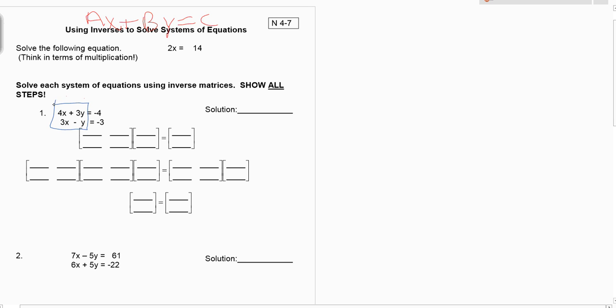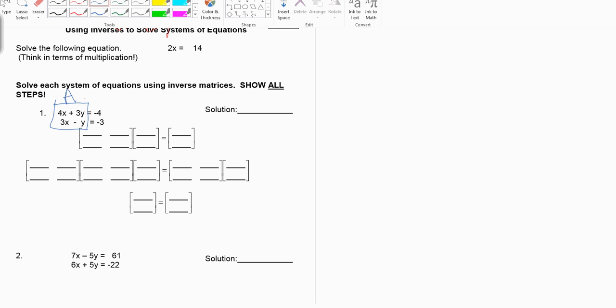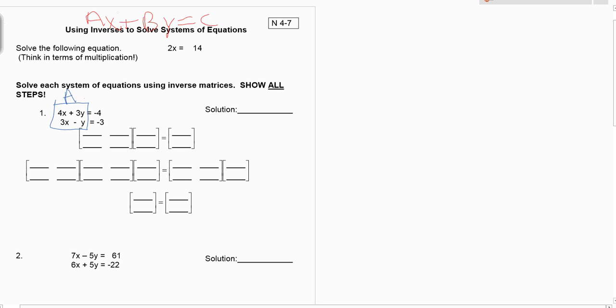This is what we're going to use to create matrix A. And what we're going to use to create matrix B is going to be the C values, or the numbers without any variables. In this case it's negative 4 and 3, and we're going to call this one matrix B.